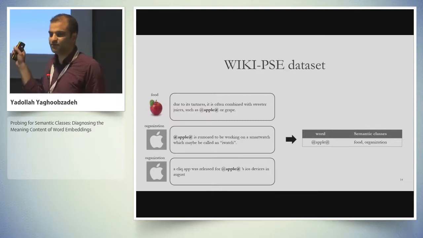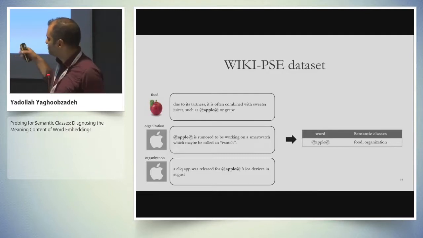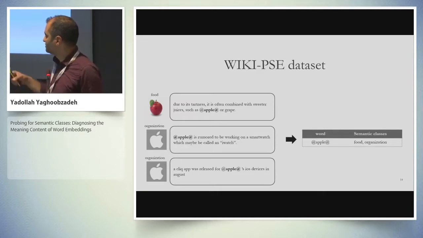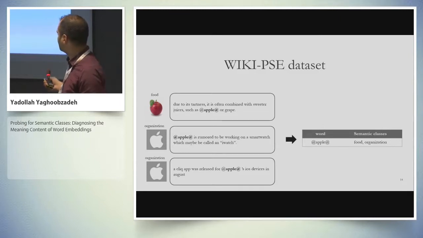And then from the Wikipedia page, we can link to a knowledge base and find out that apple is a food. Similarly, in the second and third contexts, we can link to Wikipedia and then the knowledge base and find out that apple is referring to an organization. When we aggregate all the classes that Apple has, we build this word to semantic class data set. So we have Apple here that is annotated with food and with organization.